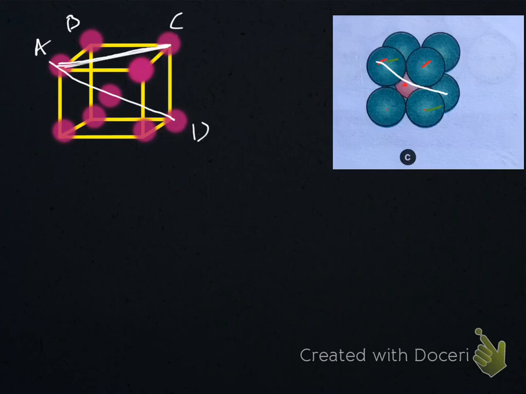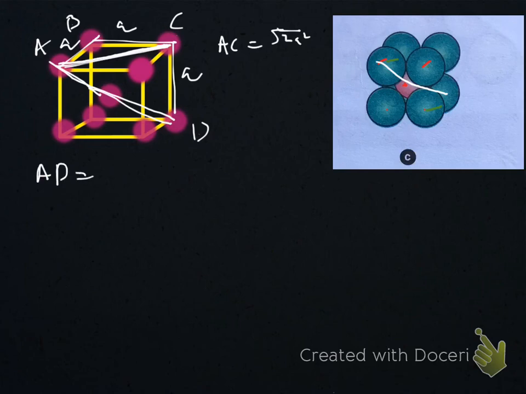AC is root of AB square plus BC square. This is edge length, this is edge length. CD is also edge length. AC is face diagonal and AD is body diagonal. So for AC you have root of a square plus a square, root 2a square. AD, what is AD?